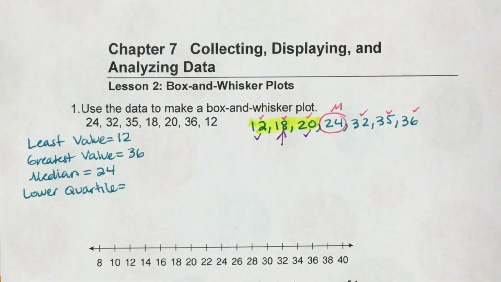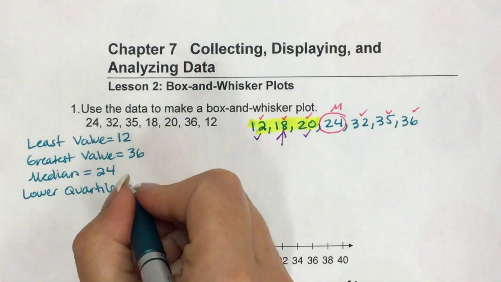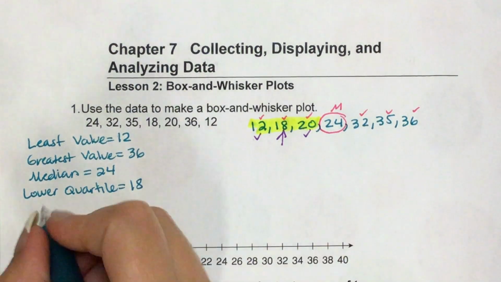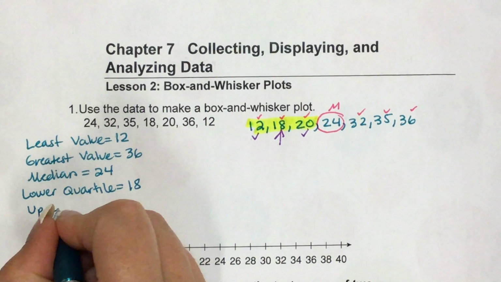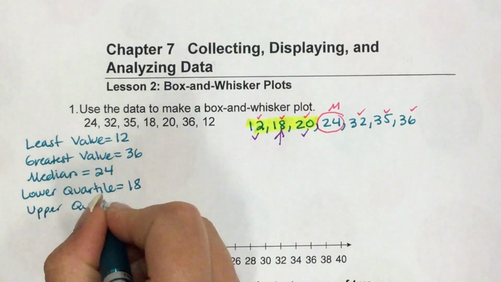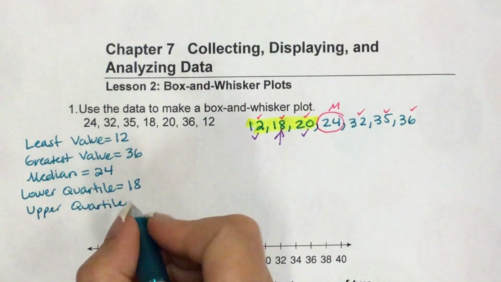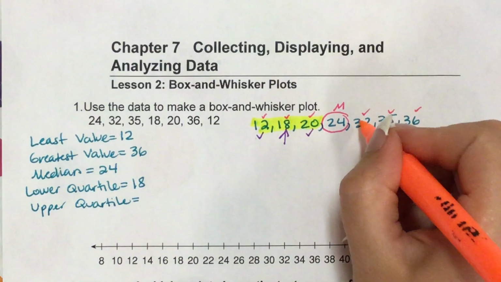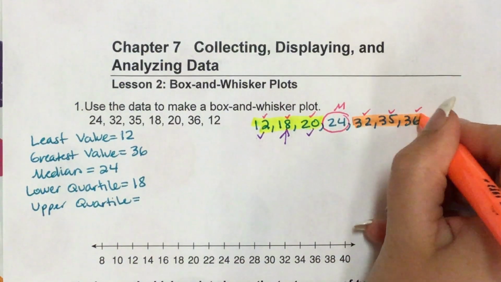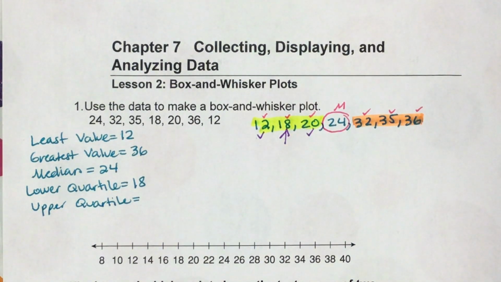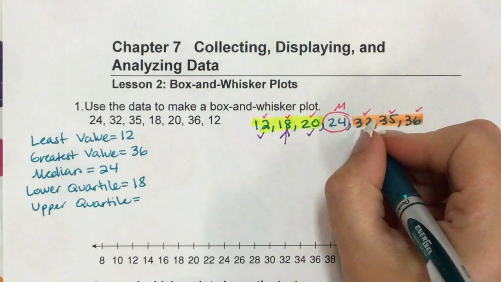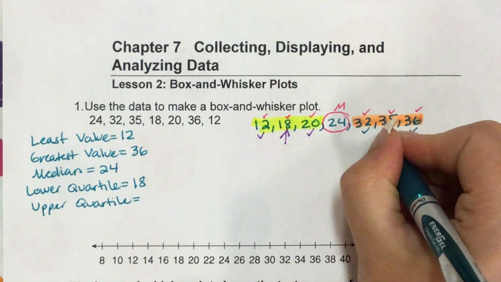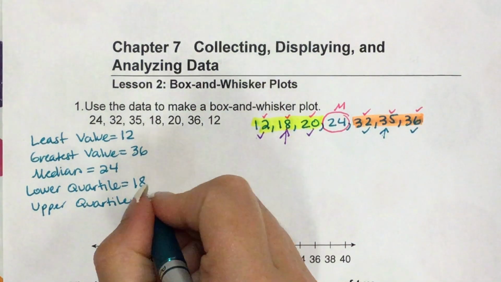The lower quartile is 18. And then I need to determine the upper quartile. So the upper quartile is the median of these numbers here. So to do that, I'm going to take one from this side, take one from this side, and there it is. There's the upper quartile, 35.